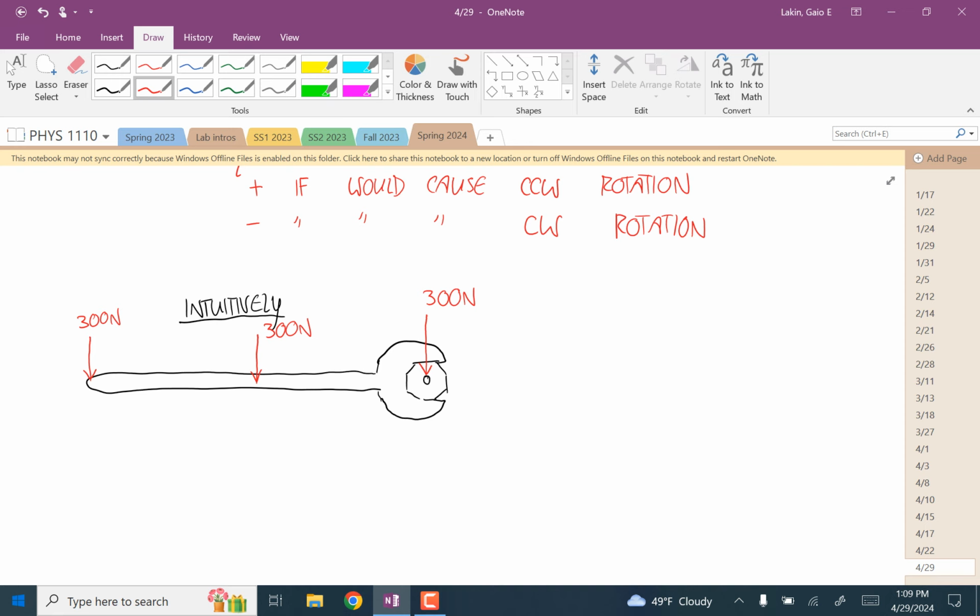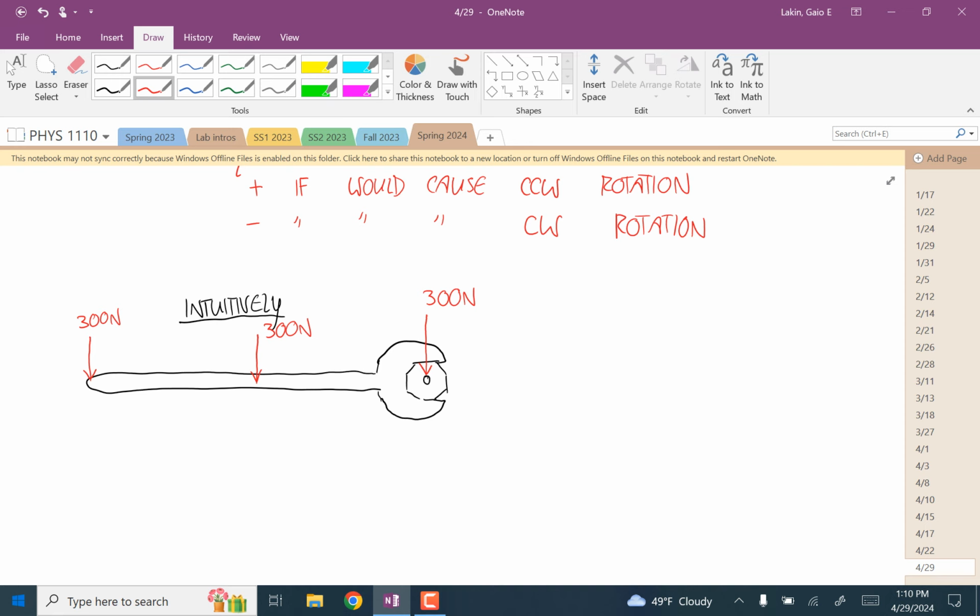This is our P. And so this is the distance that's perpendicular to the force. And so we have a much bigger moment that we're producing, you can think of it as like a rotational version of a force. If we apply it here, you get half as much rotational generation for the same amount of force.